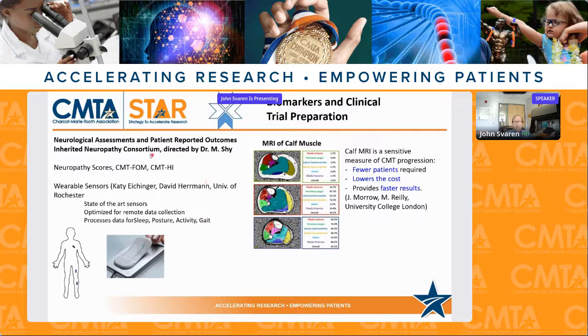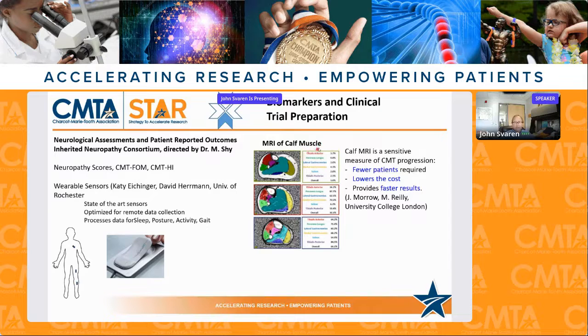In addition, there are other neuropathy scores, functional outcome measures, and health indices, all of which are tailored to try to identify the status of neuropathy. And hopefully these would be enabling for clinical trials as well. Another exciting development has been the use of MRI of calf muscle.